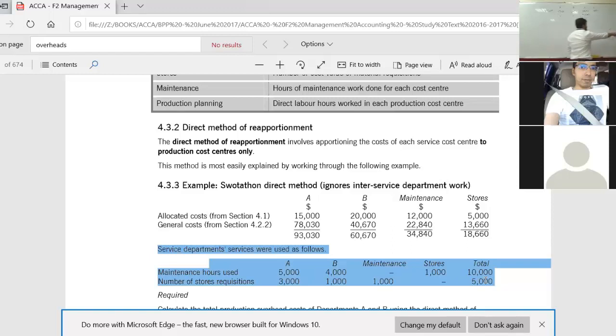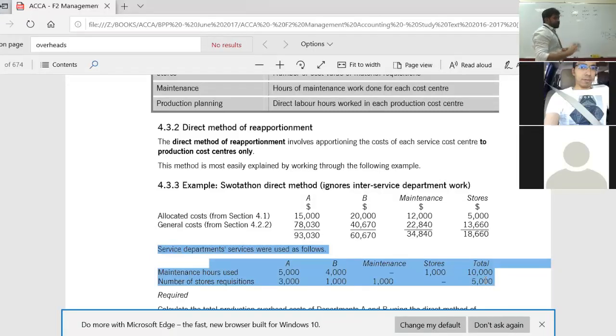See, if I transfer M, it should go in the ratio 50, 40, 10. Can you guys do the maths? 34,840 times 50%. How much do you get? 17,420. Yes. Then 10% of this will be 3,484, and calculate 40% of this: 13,936.